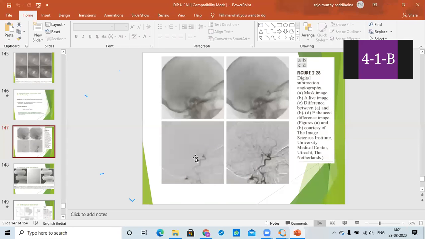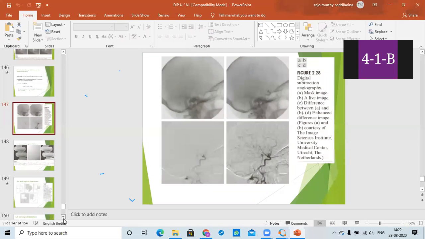And one more, subtraction, how it will be useful is we take a mask picture, a mask value, that means one standard angiogram. Then we will change different intensity values and we will subtract. Then after changing certain intensity values, we will get only the desired pattern, what is required for us. That pattern we will get, eliminating all other things. That is very useful in analyzing things.